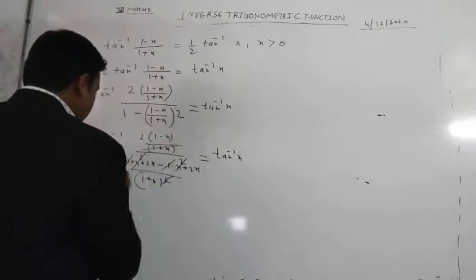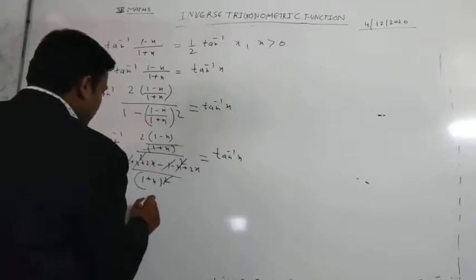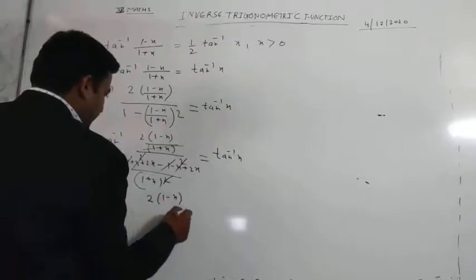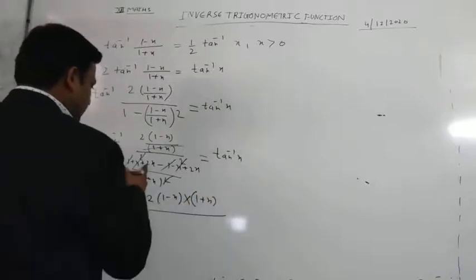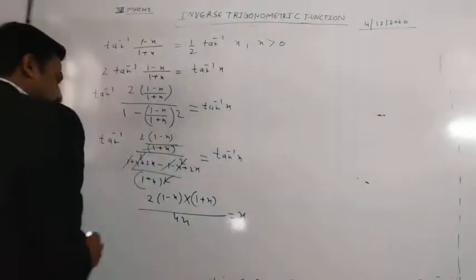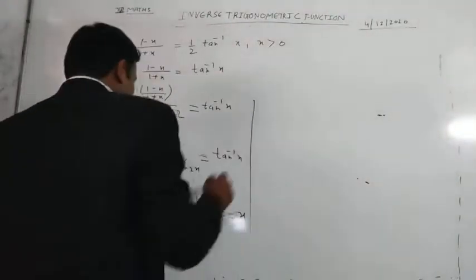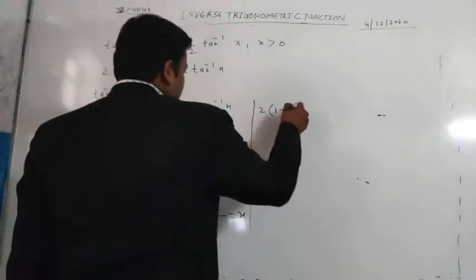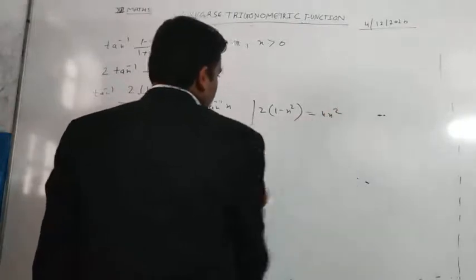So tan inverse will reduce from both sides, so we get 2(1 minus x) multiplied by (1 plus x) and divided by this, which is 4x, which is equal to x. And this we can write 1 minus x square is equal to 4x square.